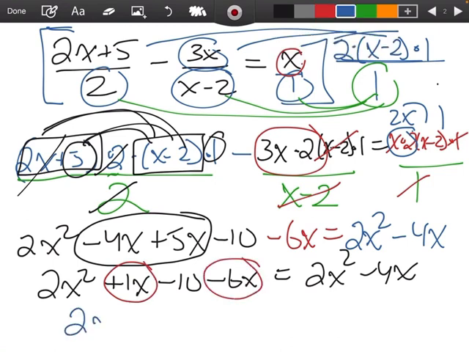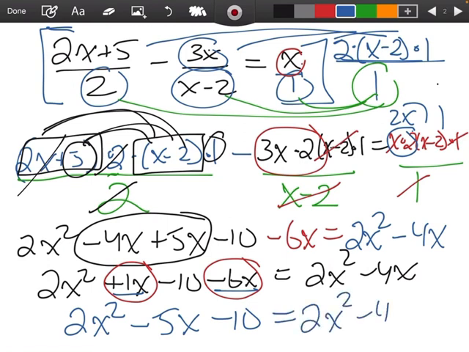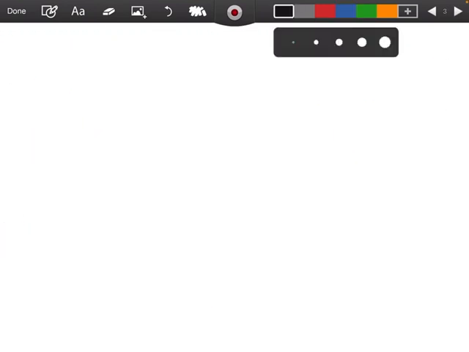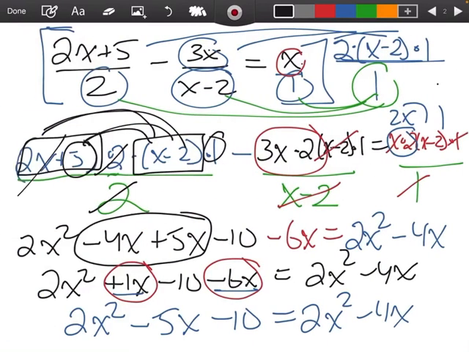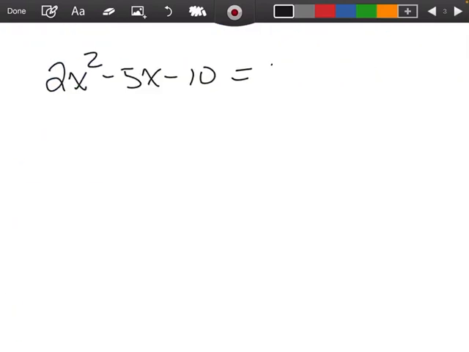So that's going to leave me with 2x squared, plus 1 and minus 6 is a minus 5x, minus 10 equals 2x squared minus 4x. Okay, I'm going to write the same thing on the next page just so I have enough room. 2x squared minus 5x minus 10 equals 2x squared minus 4x.